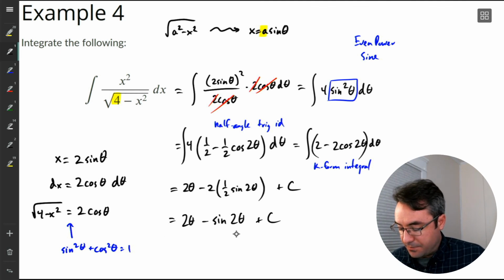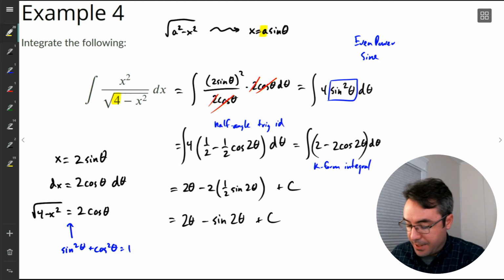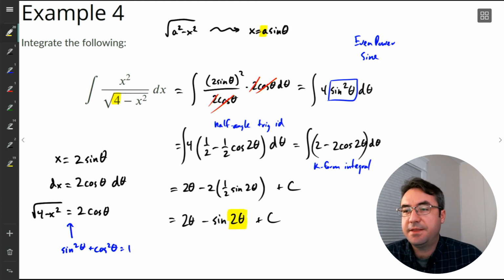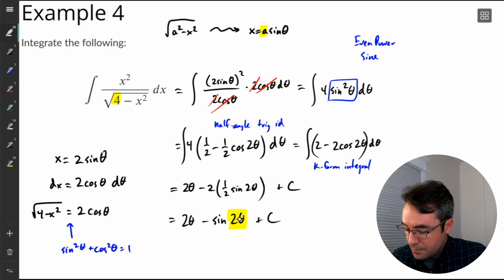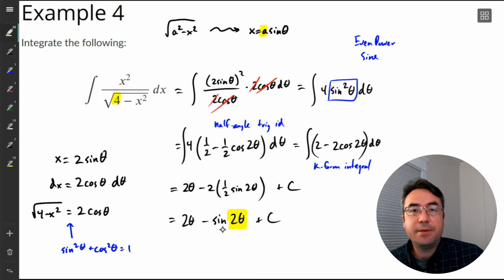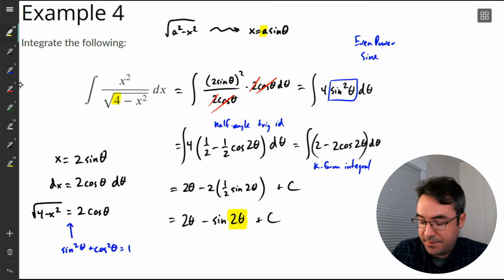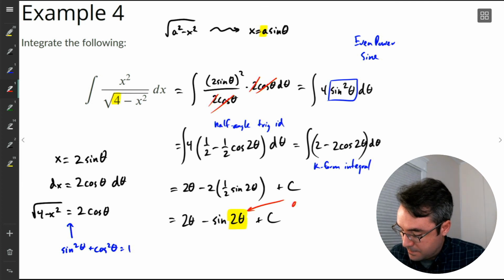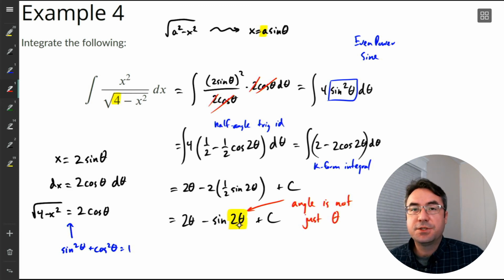And we want to convert all of this. Now the issue here is inside the sine function, it's not just sine theta, it's sine of 2 theta. And so using our right triangle is going to be difficult to convert this because the angle is not just theta. It's 2 theta. So when we use our right triangles, that really only tells us trig functions where the angle is just theta.